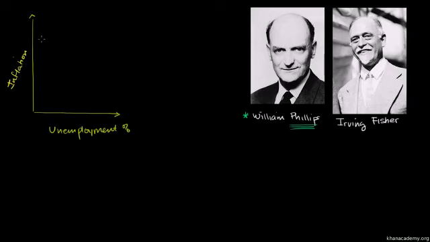Then he noticed, and I'm just going to pick random data points, but in one year where there was high inflation, there was low unemployment. And then in another year where there was high unemployment, there was low inflation. And it's not clear which one is causing which, or maybe they both circle back on each other. And then in other years, maybe where you had medium inflation or relatively low, you had relatively low unemployment.